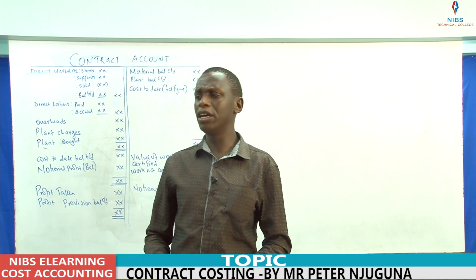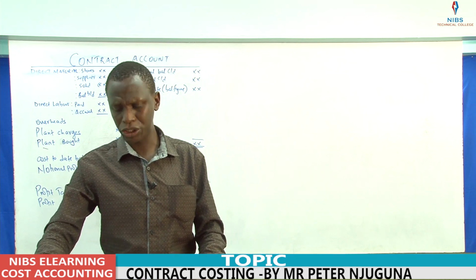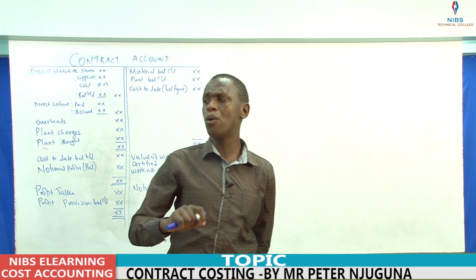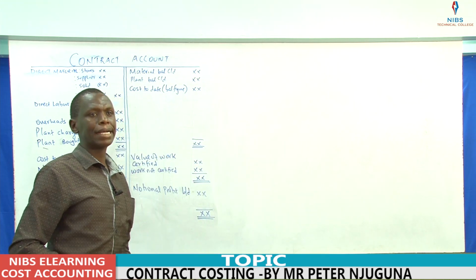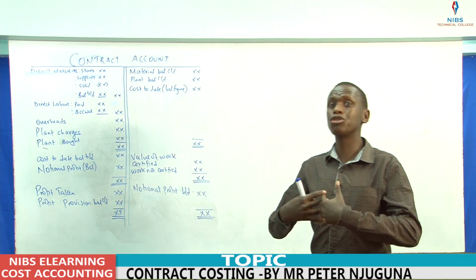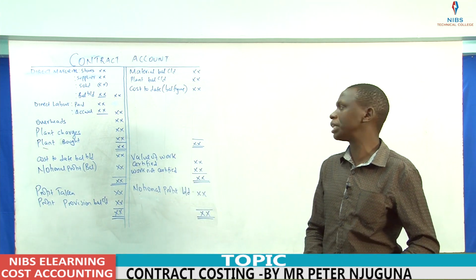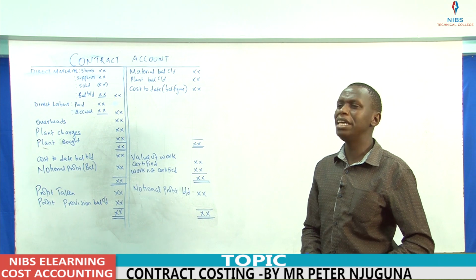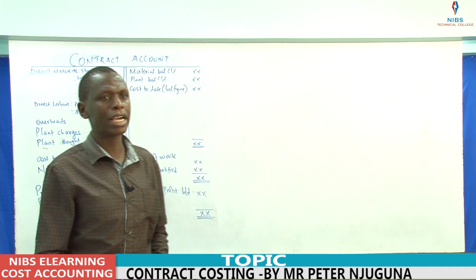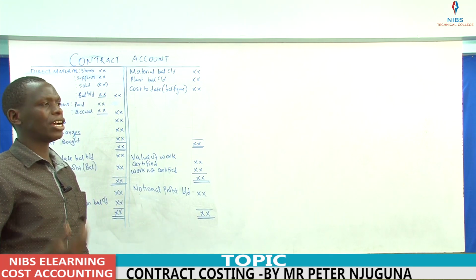But briefly, what do we mean by contract costing? A contract is a form of specific order costing whereby work is done according to the customer's specification, so it is part of job order costing. One of the main characteristics of a contract is that it will always take more than one financial year to complete.